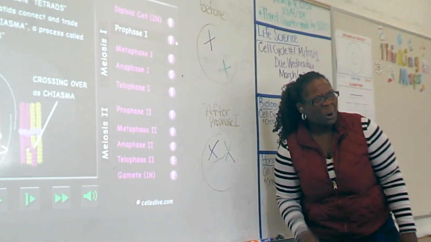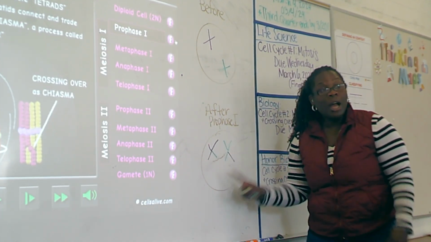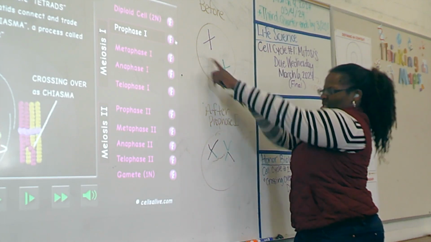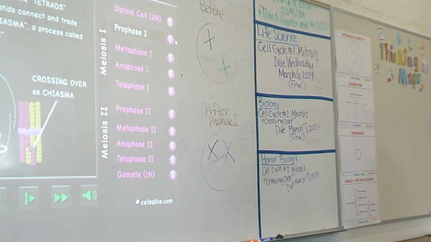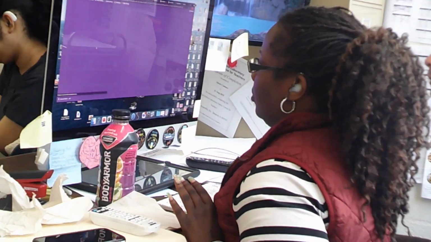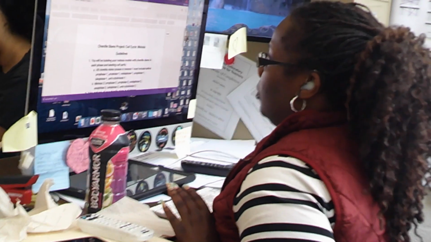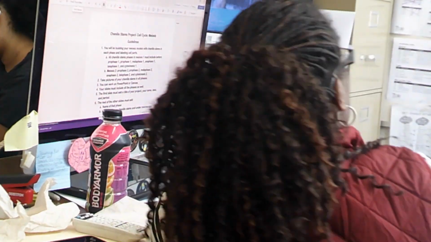What does the separation do? From here to here, what happened? They swapped genetic material. I finished explaining what happens during prophase 1. Let's move on to what happens during metaphase 1.